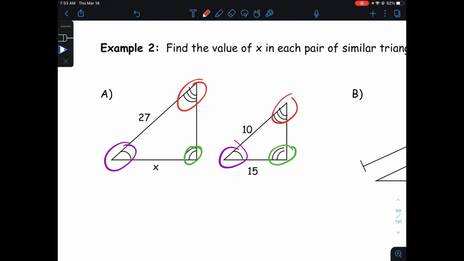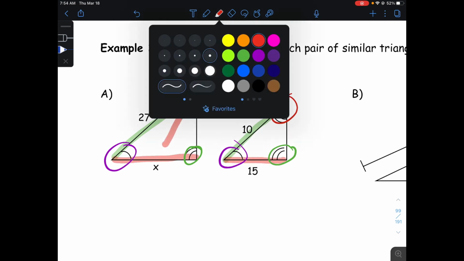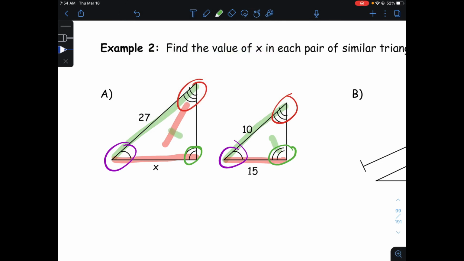And these two angles here are congruent, right? So you could see that those go together. Now, that means that the sides opposite them would go together. So this one goes with that. And X goes with 15, right? Because that's opposite the red. And these ones are opposite the green, okay?